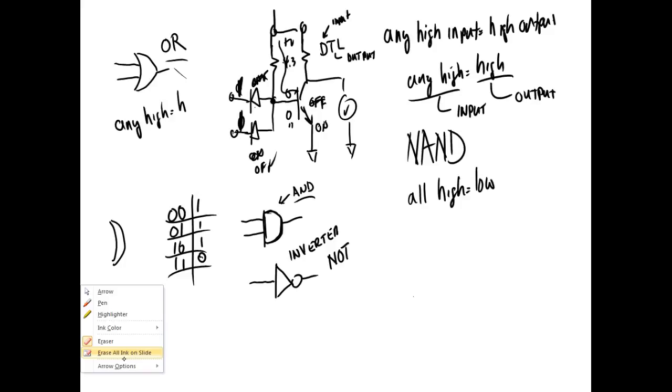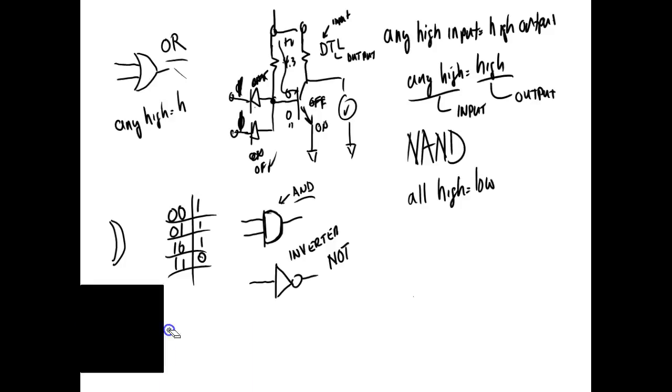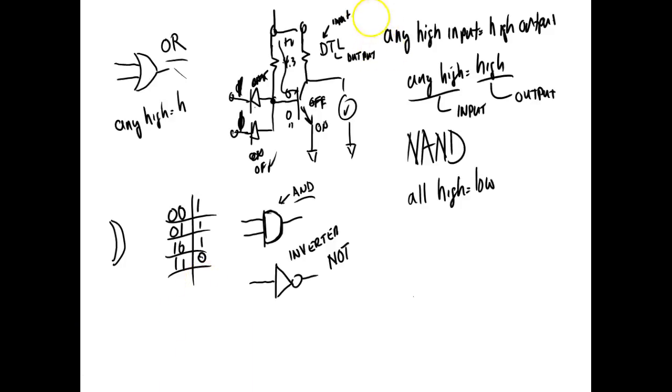Now notice what I'm going to do. I'm going to take the symbol for an OR. So this says any high equals a high. Of course, the long drawn out version would say if any input is high, the output would be high.